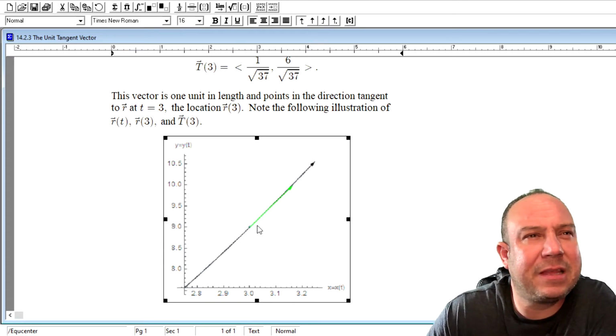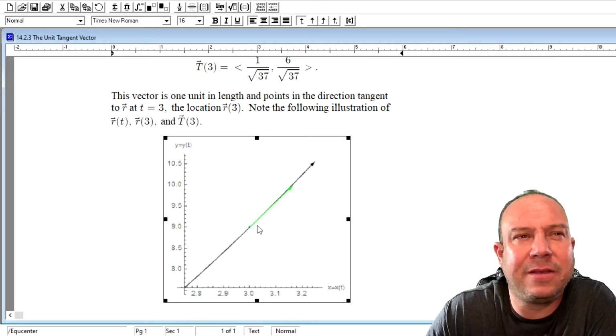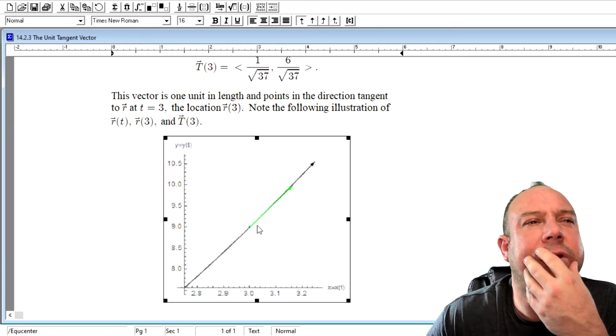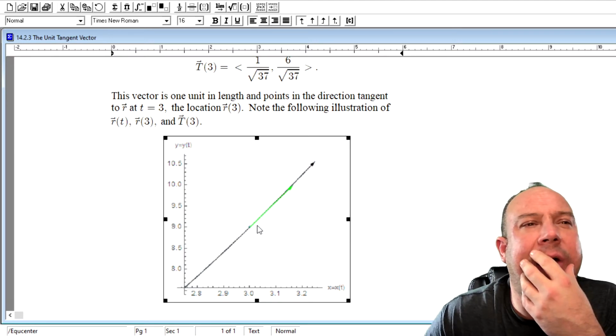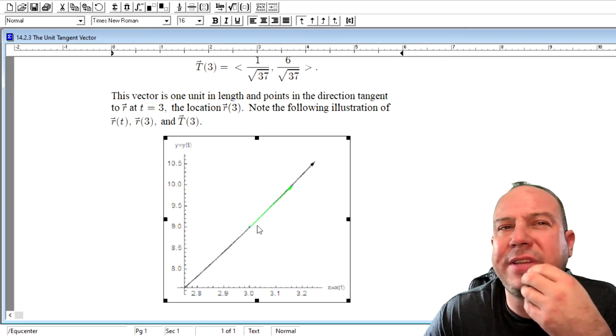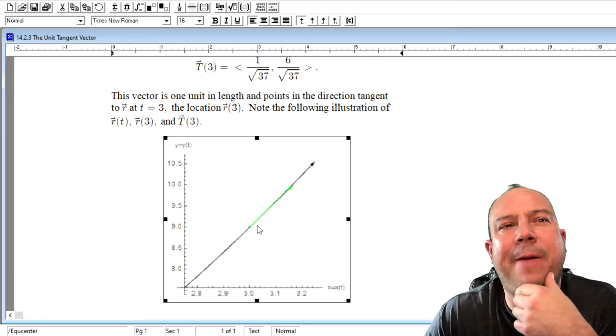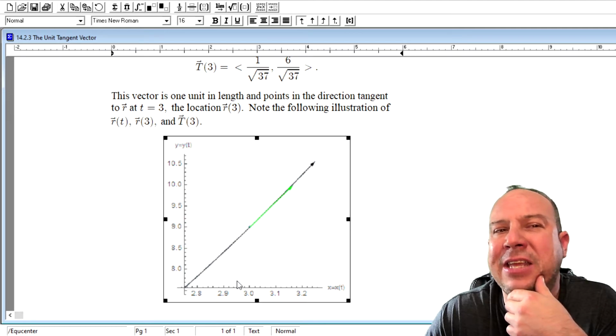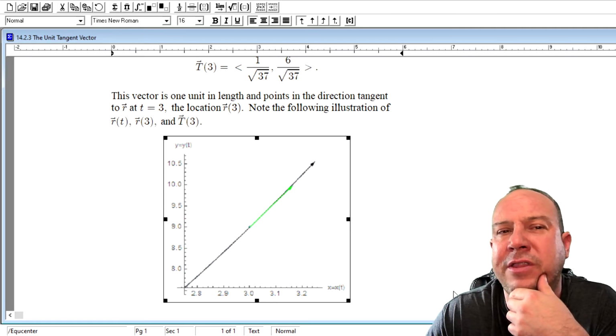At least it should be. I will tell you, it's a little morphed in scale. 1 unit along this axis, you can see, is not equivalent to 1 unit along this axis. So it is a little morphed in scale.